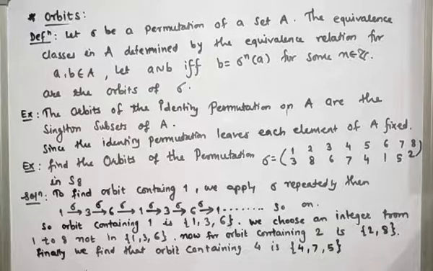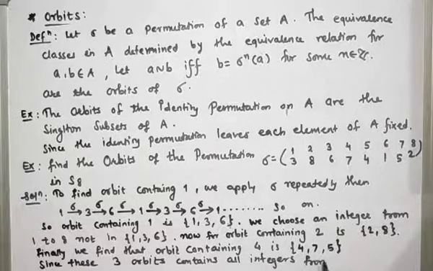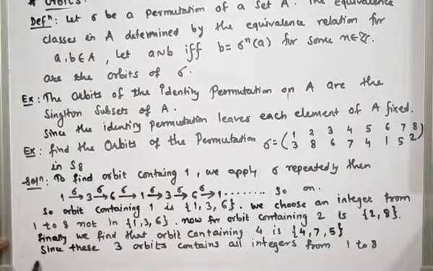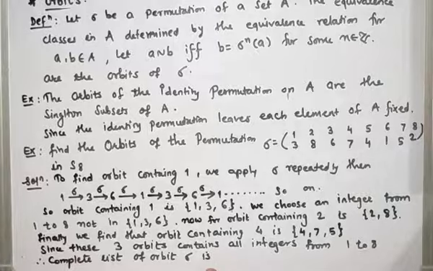Since these three orbits contain all integers from 1 to 8, therefore the complete list of orbits of sigma is: sigma has how many orbits? 3 orbits.